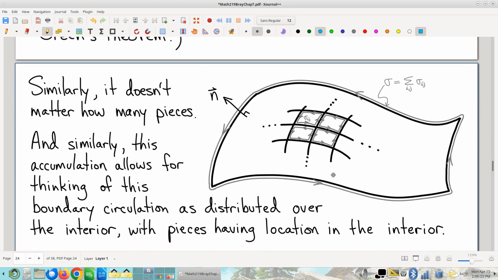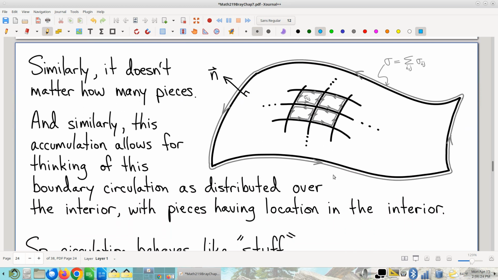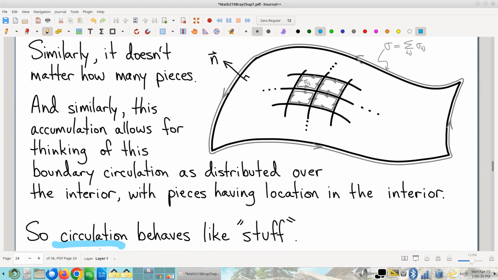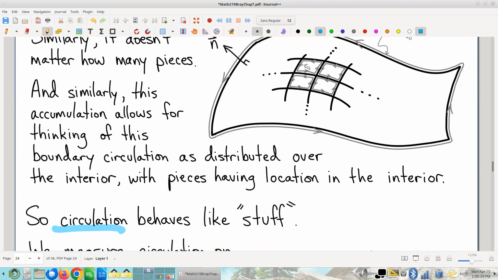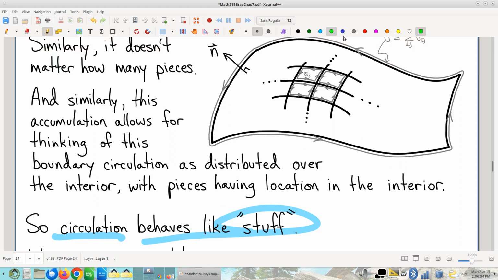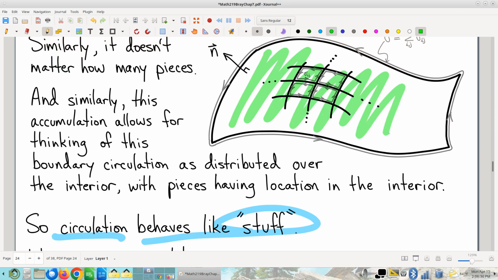Accumulating quantities have nice features. Again, I point out that you can think of accumulating quantities, such as boundary circulation, as behaving like stuff. Because, as we just discussed, the boundary circulation of this whole is literally the sum of the boundary circulation on that piece plus the boundary circulation on that piece plus the boundary circulation on that piece plus etc., just like for any kind of stuff.